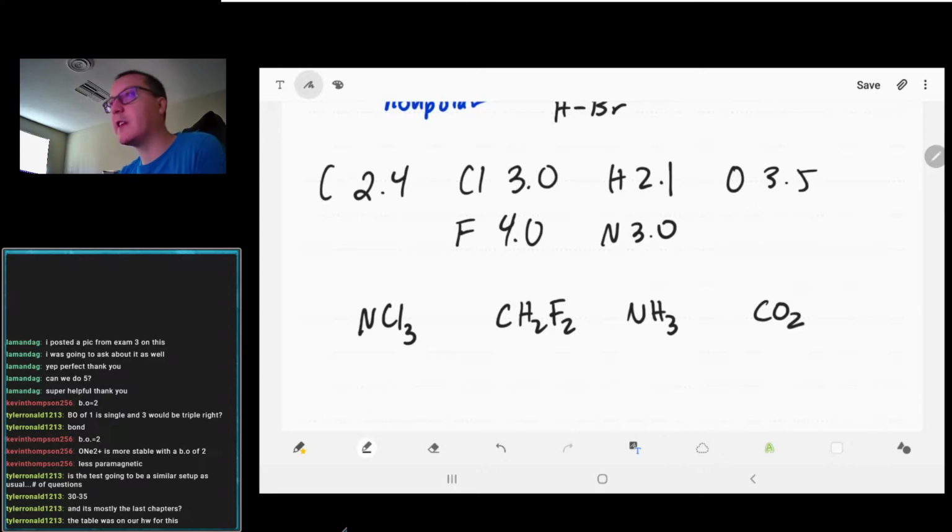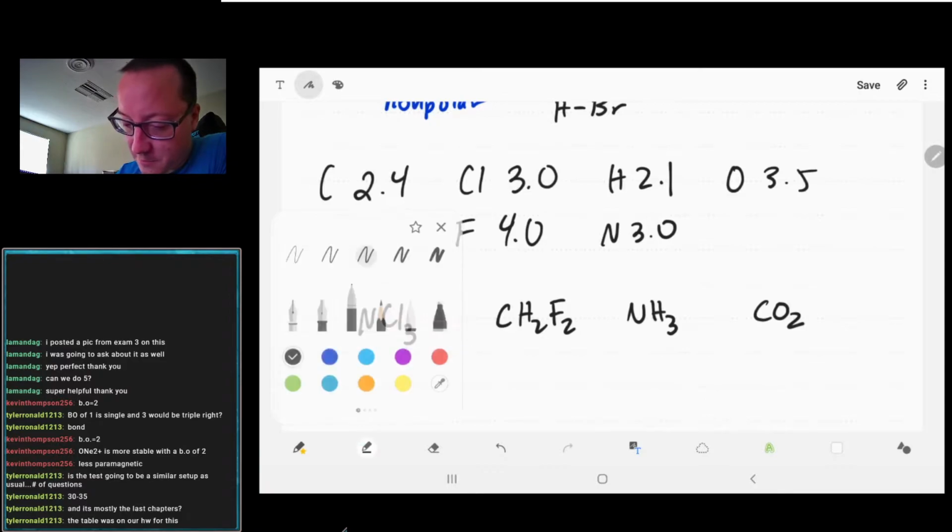Yeah, you did have a table on it. Unfortunately, there are different scales people use. Just use whatever numbers I give you. That'll be the easiest way to go about it. Okay, so let's look at these and see which have polar bonds and which are polar molecules.